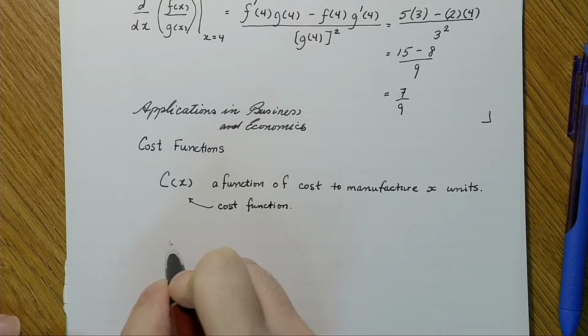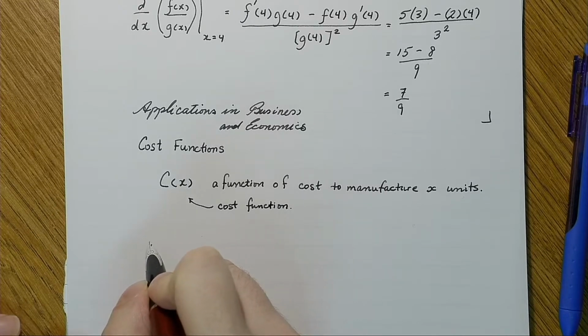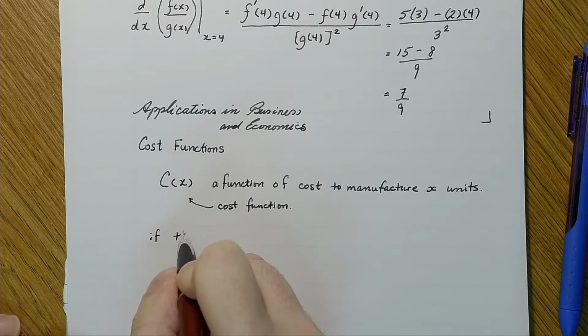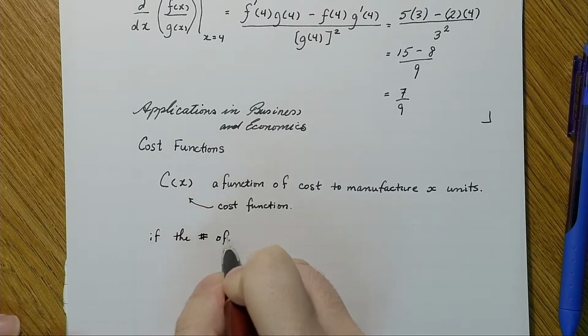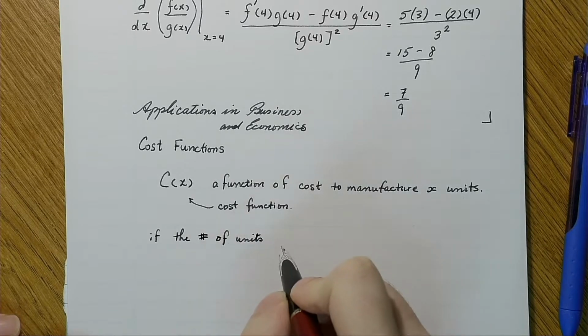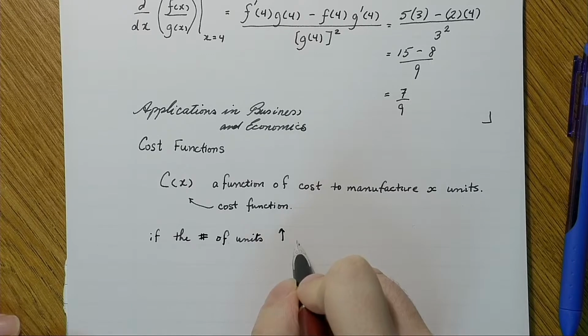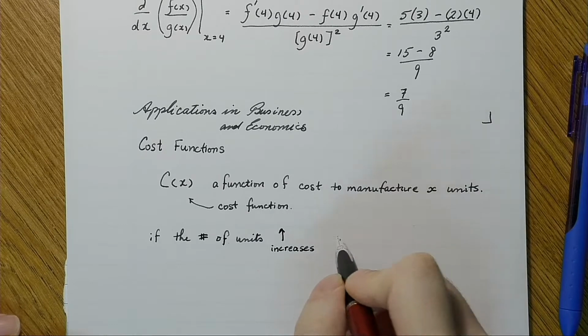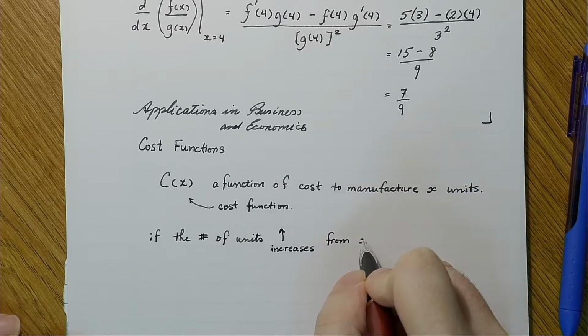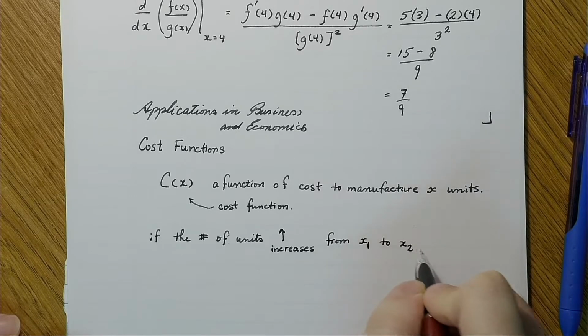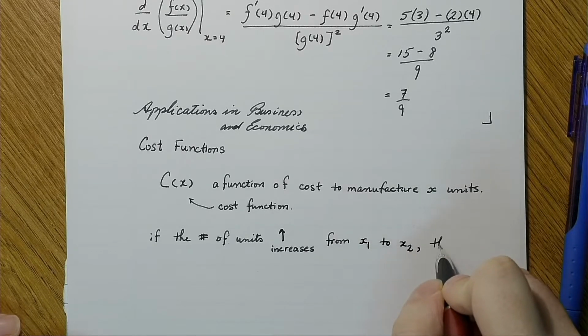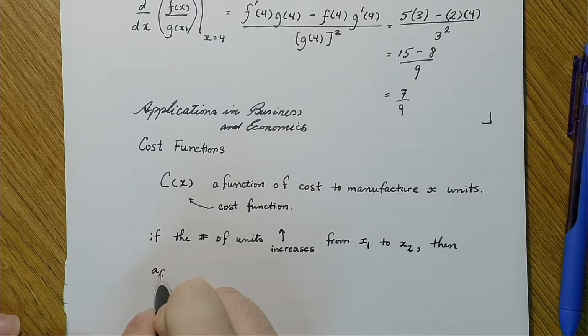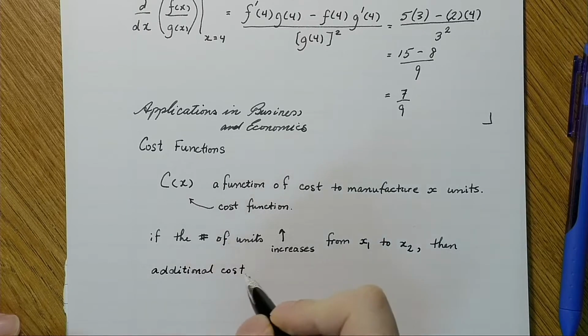And if there's an increase or a decrease, so let's say that the number of units increases, and we're going to pick an x, so let's say x1 to x2, then the additional cost is that change, right?